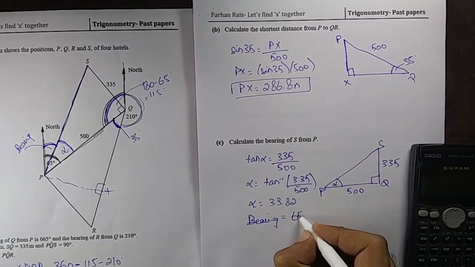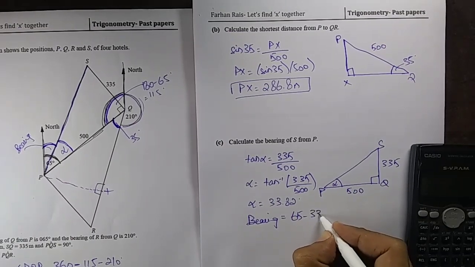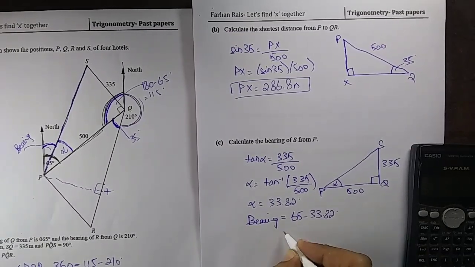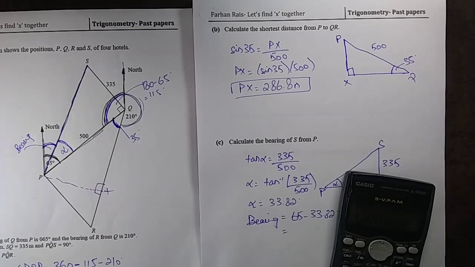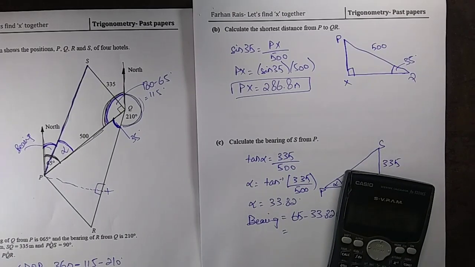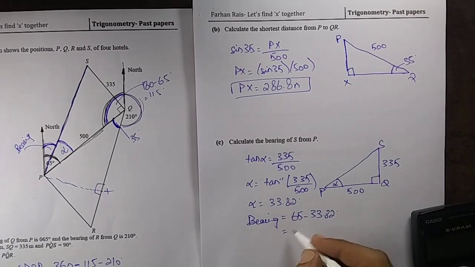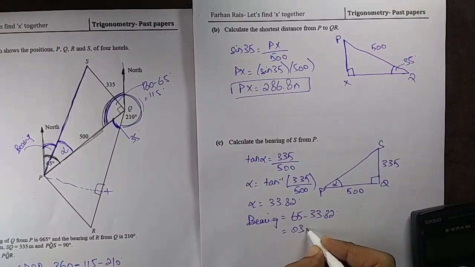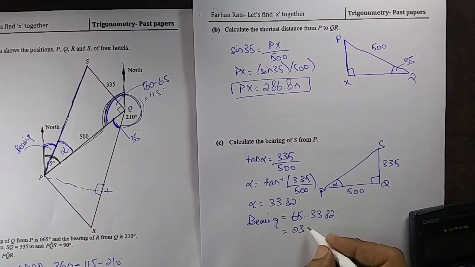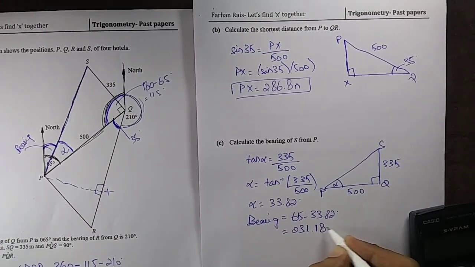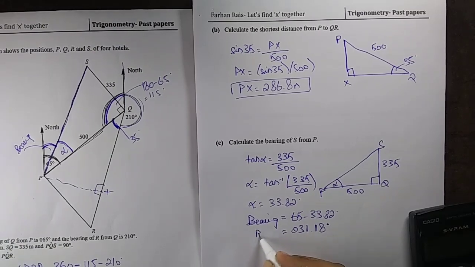So 65 minus 33.82 would be equal to 31.18 degrees. So 031.18 degrees. So this completes the part.